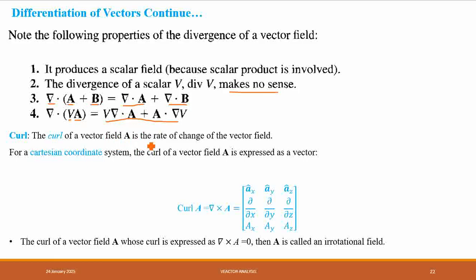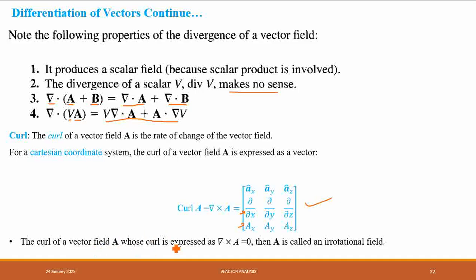Now curl is nothing but the rate of change of the vector field. In the Cartesian coordinate system, we can find it using this one. Since this is a vector and this is also a vector, we can perform the cross multiplication by using the determinant method, as I discussed in the previous lecture. If you are unable to find the determinant or have any problem regarding the cross product, you can watch my previous lecture.